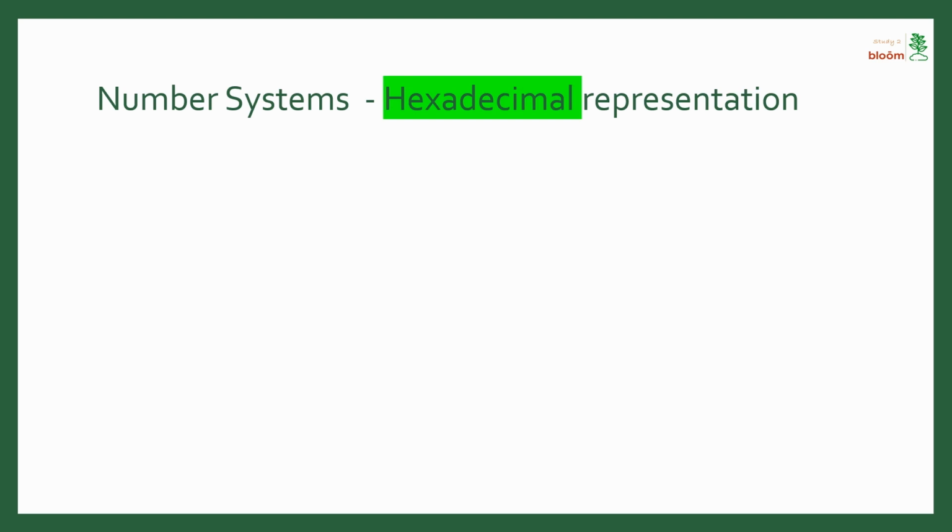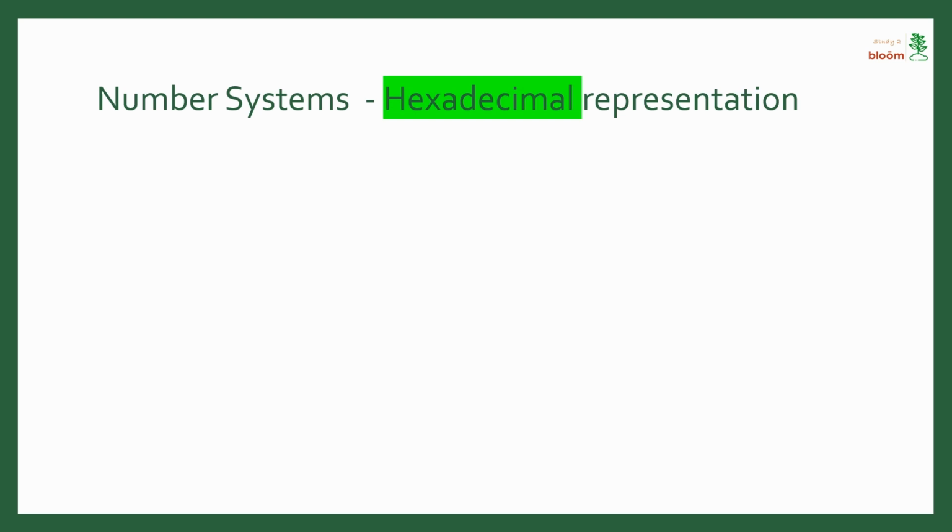We learned both binary and octal representation. Now let's learn what is hexadecimal representation. In binary representation we had 2 numbers. In octal representation we had 8 numbers, that is 0 to 7. Then in decimal representation, the numbering system we normally use, we have 10 numbers, 0 to 9.